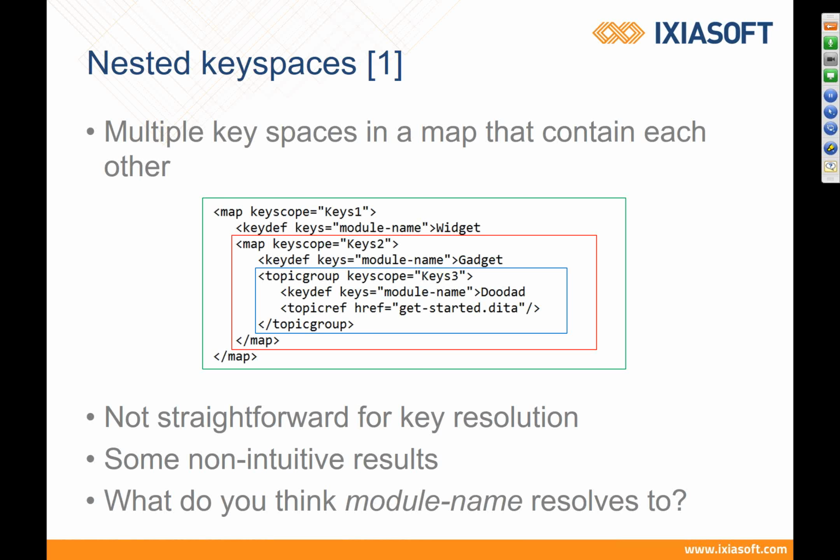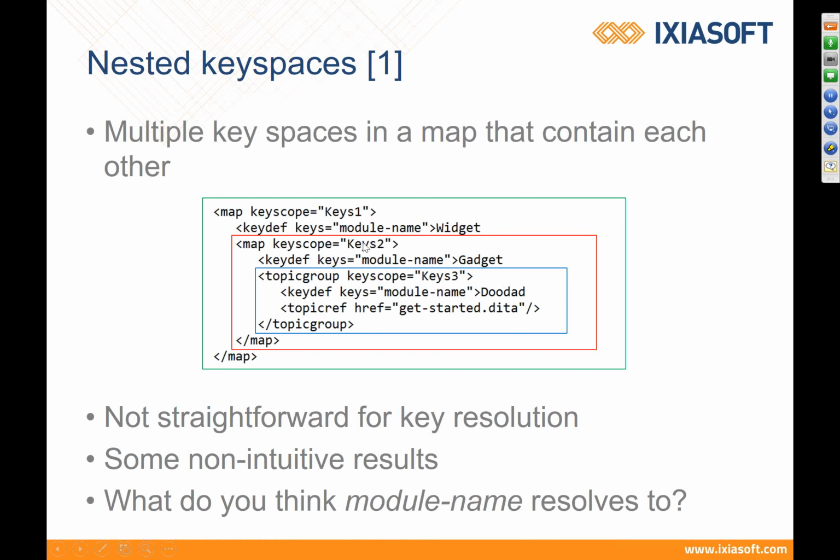So here's an example. The root map itself is a key space named keys 1. Within it, there's a submap. It is a key space named keys 2. And then within the submap, there's a key space named keys 3.